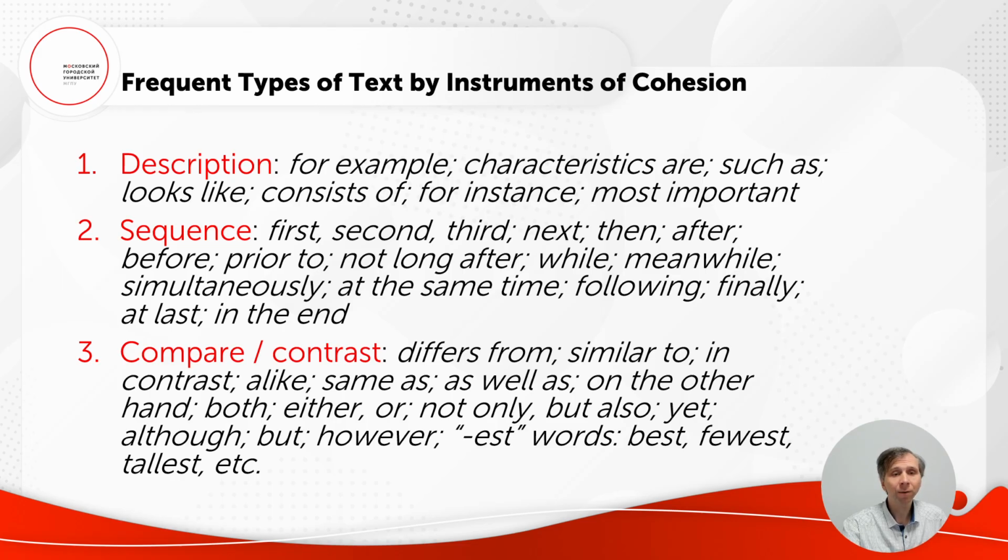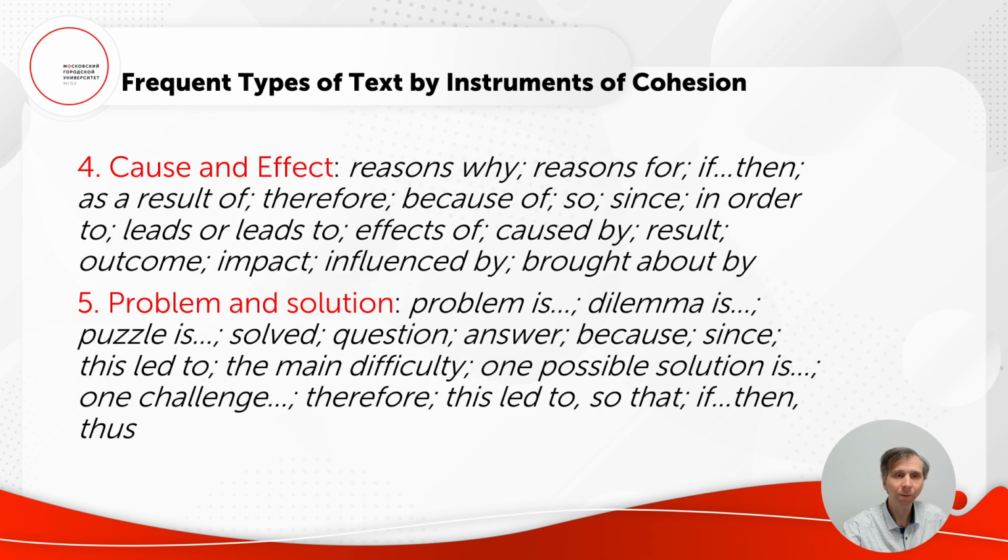Then the compare and contrast text, where we compare or contrast entities: differs from, similar to, in contrast, as well as, on the other hand, both, however, then comparison, best, fewest, tallest, and so on and so forth.